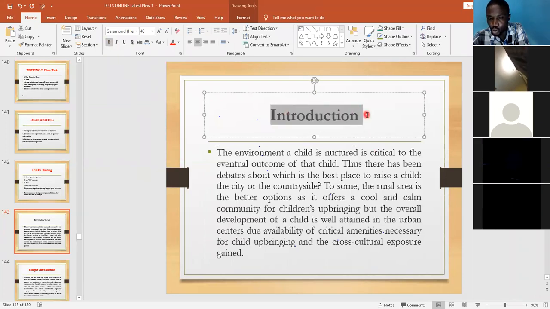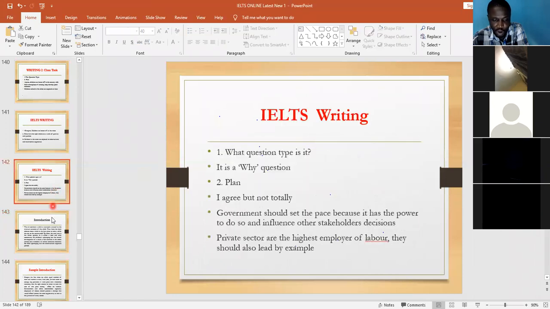I want you to write your own introduction. I'm giving us 5 minutes. Please just recapture the question. If you agree with the point I've raised, if you have other points, if you disagree, you can use the points which we have used here.